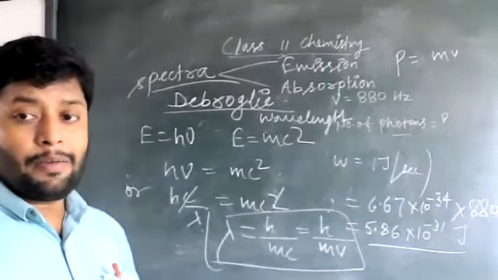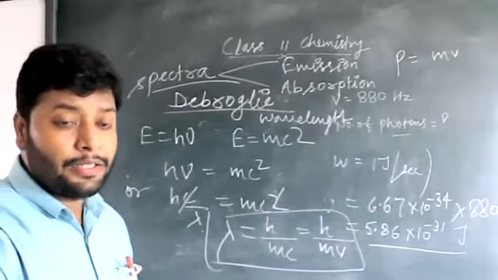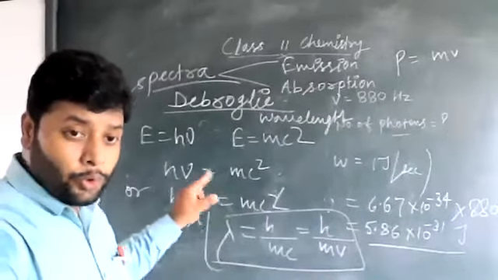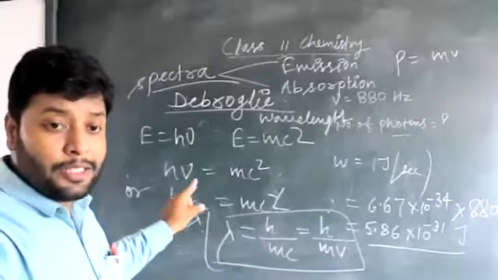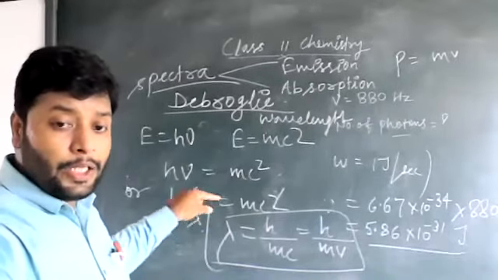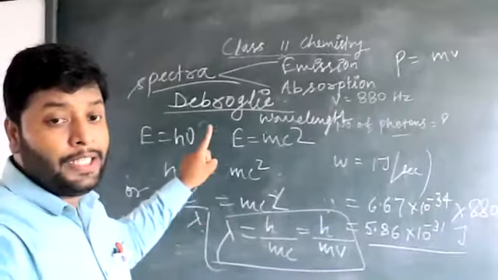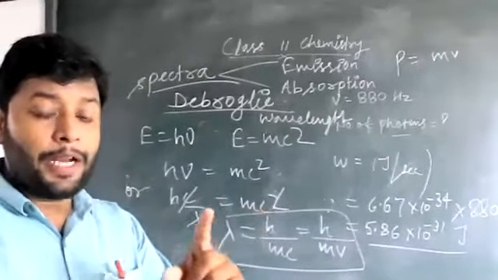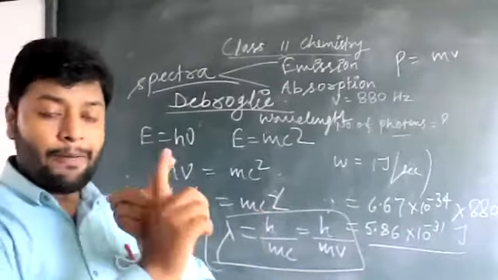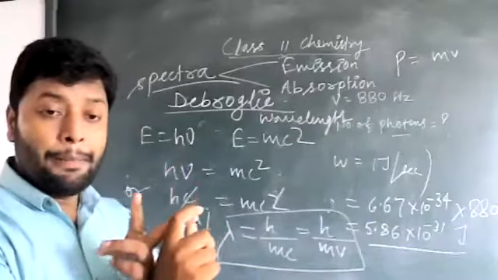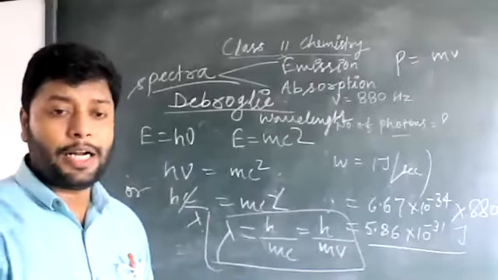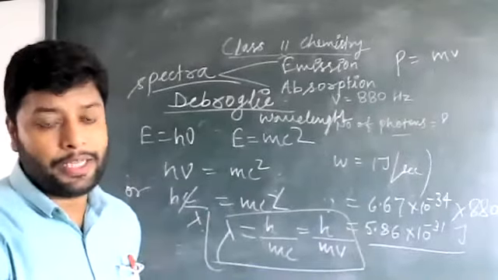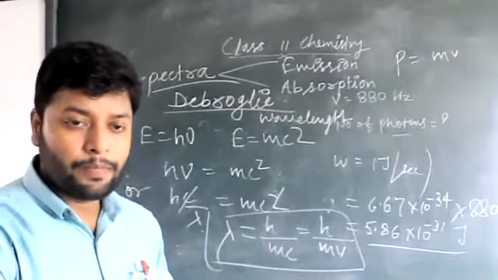Today's homework is to attempt the numericals based on the de Broglie wave equation given in your NCERT. The example questions based on de Broglie wavelength given in your NCERT you have to solve today as homework.